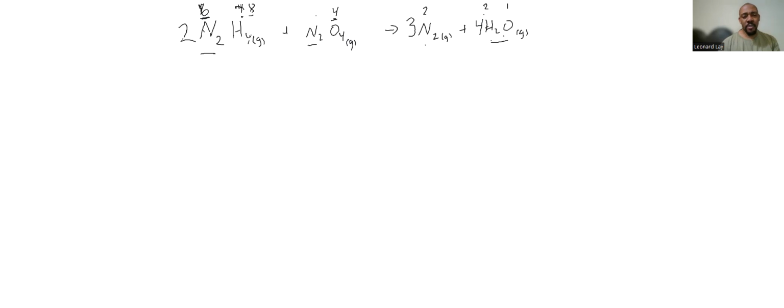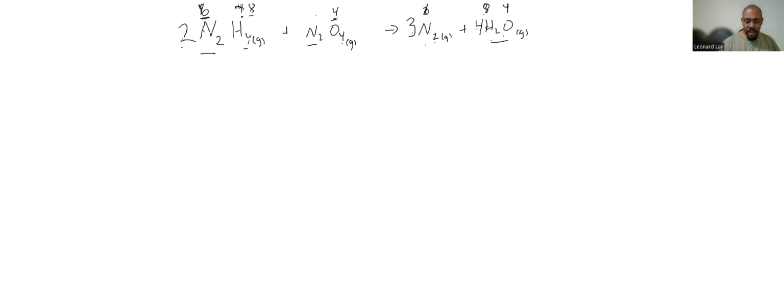There's 2 times 4, that's 8 hydrogens. And then there's just 4 oxygens. And if we look here, we have 3 times 2, that's going to be 6 nitrogens. 4 times 2, 8 hydrogens. 4 times 1, 4 oxygens. So now our equation is balanced.